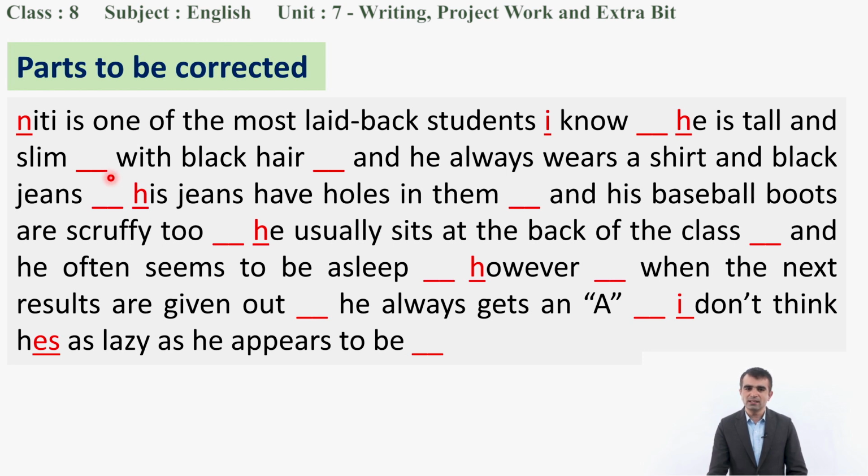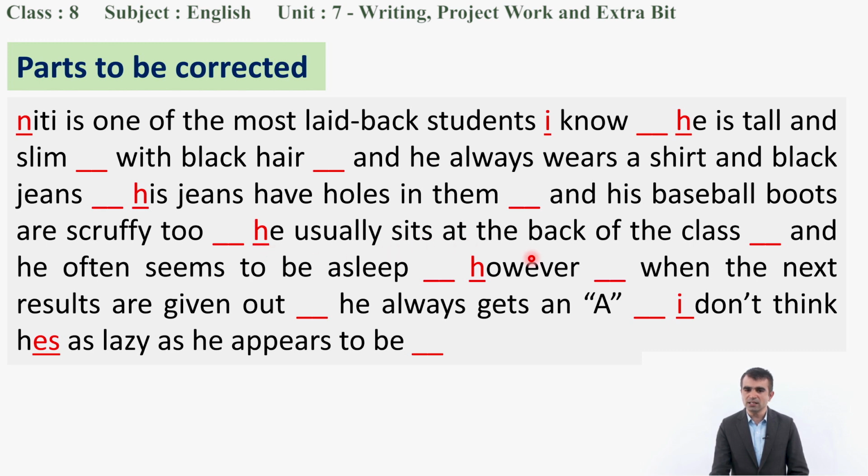Slim, and then comma, with black hair, comma, and he always wears a shirt and black jeans, full stop. Again H capital. His jeans have holes in them, comma, and his baseball boots are scruffy too, full stop. Again H capital here.